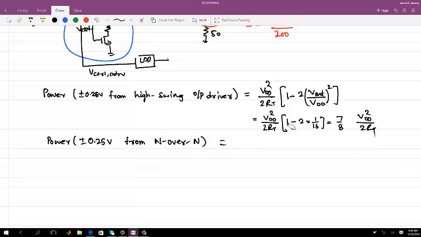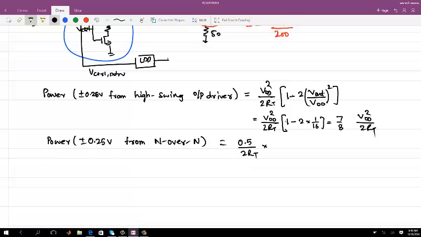So what is the current coming from the 0.5 volt supply? This is 0.5 divided by your 200 ohm impedance, so the current is 0.5 divided by 2RT.